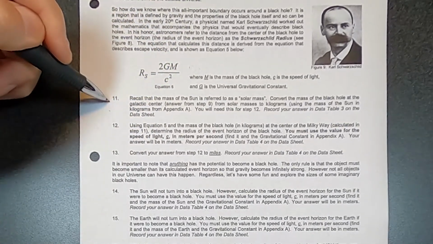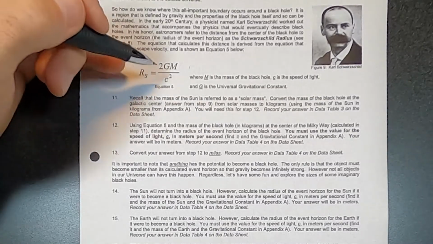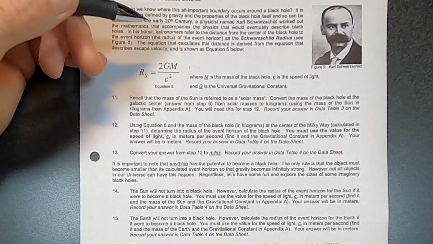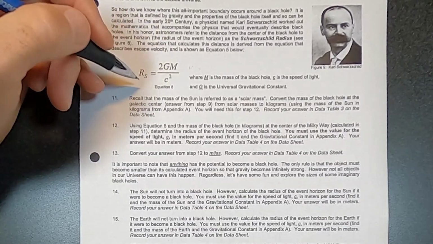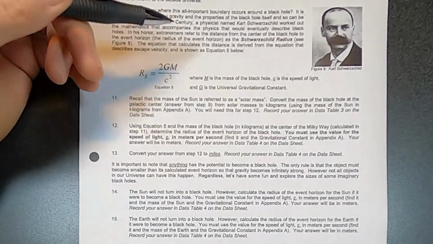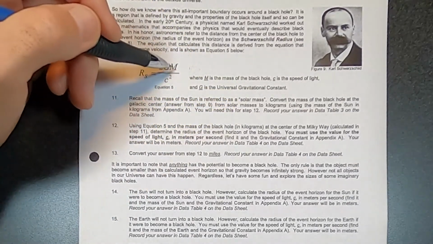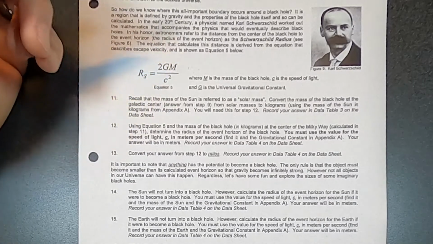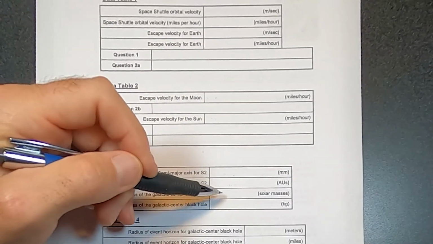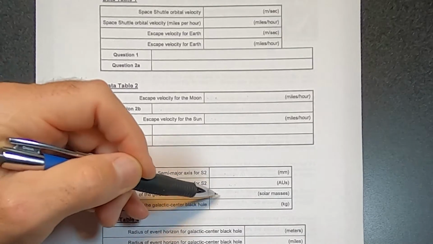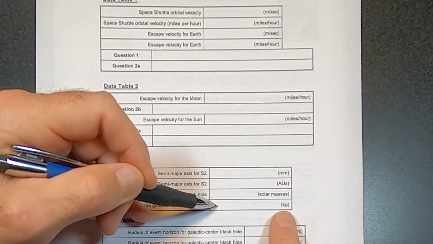So step 11 is to take your mass of the black hole at the center of the galaxy, and we need to convert it from solar masses into kilograms. In other words, we need this number to be in the unit called kilograms. You will have the answer in solar masses from your previous step. We want it to be the number reported in kilograms.